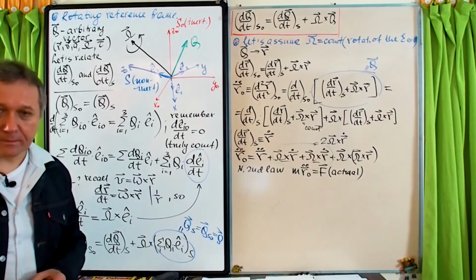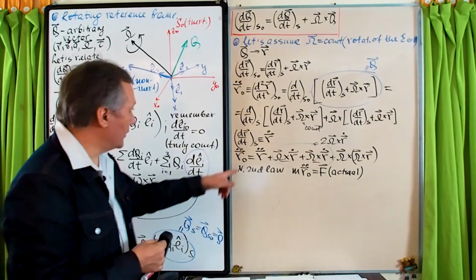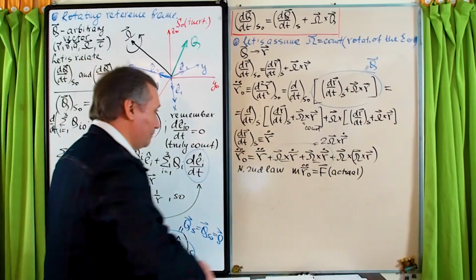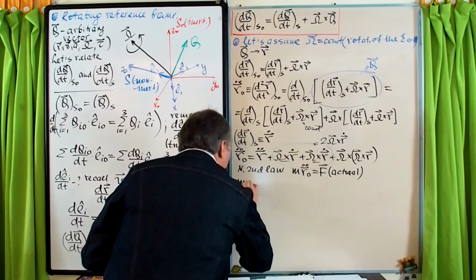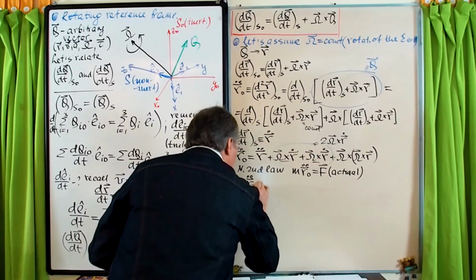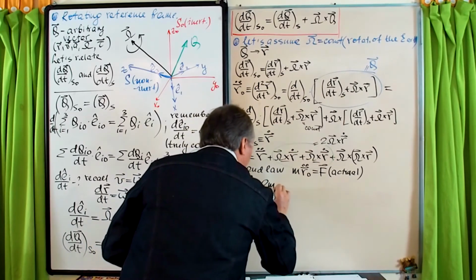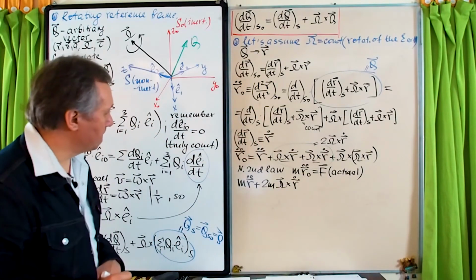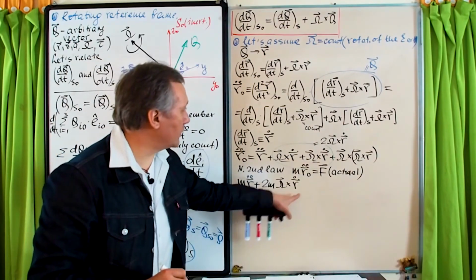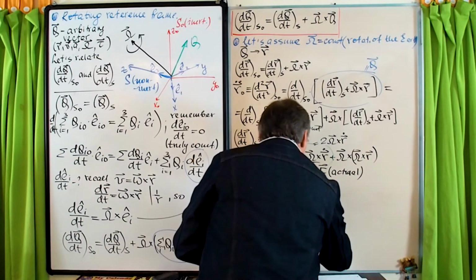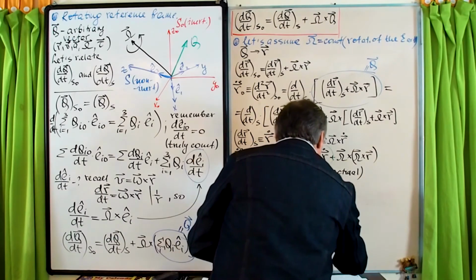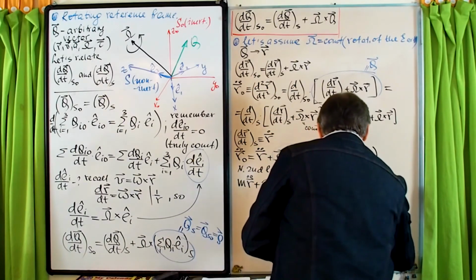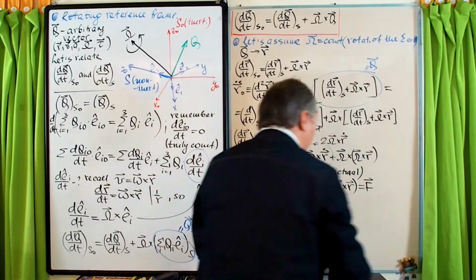So now let's plug in, instead of r0 double dot, what we derived. It will be m r double dot plus 2m omega cross r dot, plus m omega cross omega cross r, and it is equal to the net actual force.